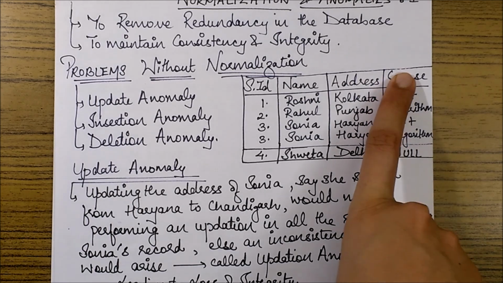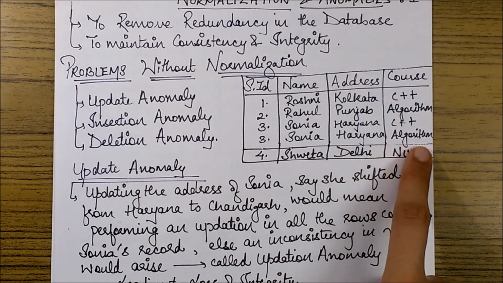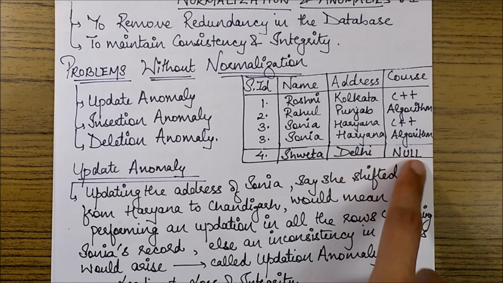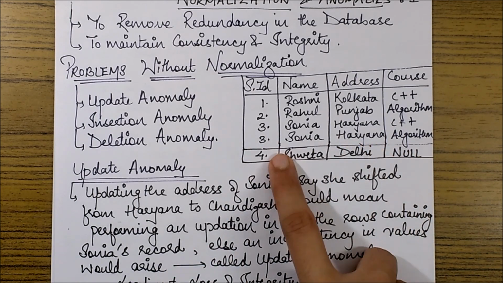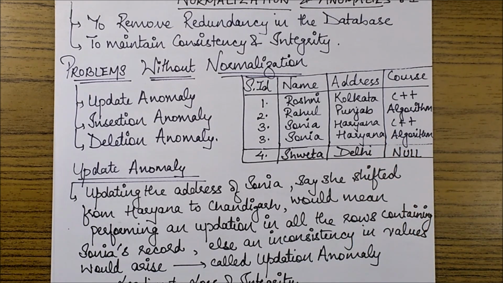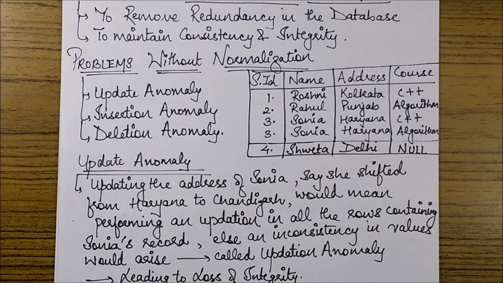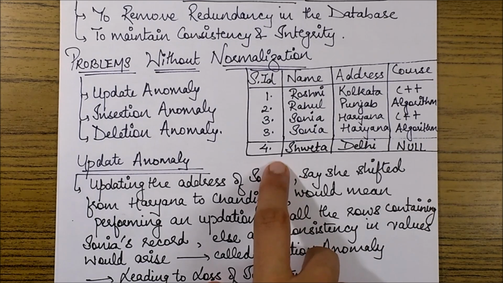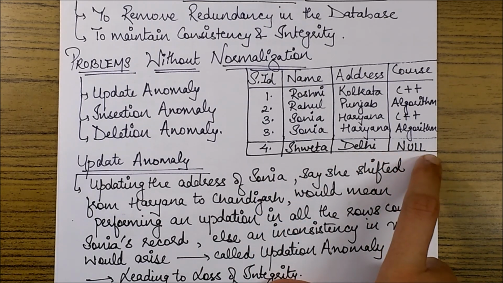In this case, I didn't have any value to write in the course cell, so what I've written over here is null. Had I not written this null, I wouldn't be able to insert this record because I don't have any value to insert over here. Hence, insert anomaly means I'm not able to insert a record because of the absence of some particular values. This is how we sort out this problem, by inserting a null over here.